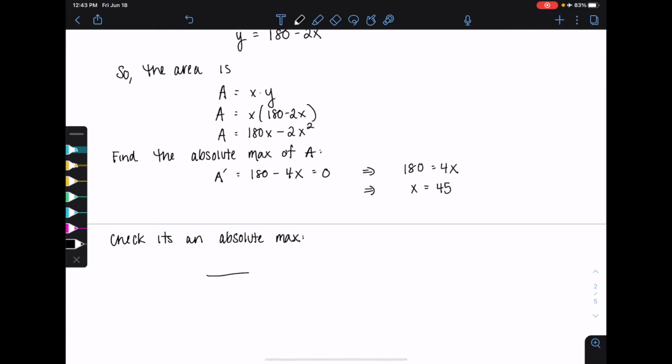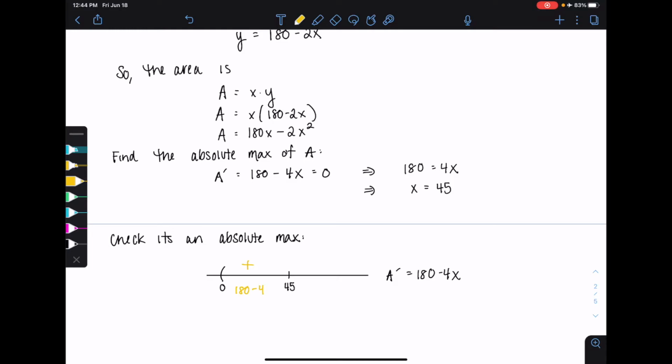Utilizing our lovely number lines, we're working with the derivative. 45 is my only important number I found. This is also dealing with a length, so I'm not going to make a length that's less than 0. If we plug in different values for this derivative, plugging in 1 would be 180 minus 4, so it's going to be positive on this side.